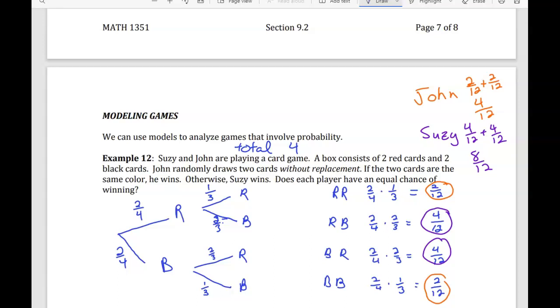So, do they have an equal chance of winning? No, they do not. Susie has the better chance of winning because it is without replacement. Because he is taking one of the colors, and therefore he no longer has the same chance of drawing the exact same color. So you have to be careful with those types of games.